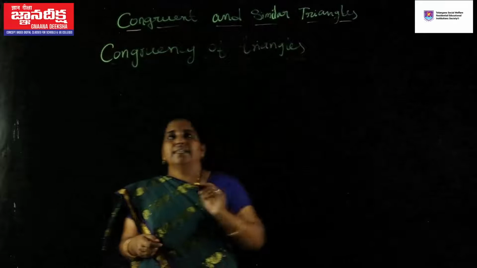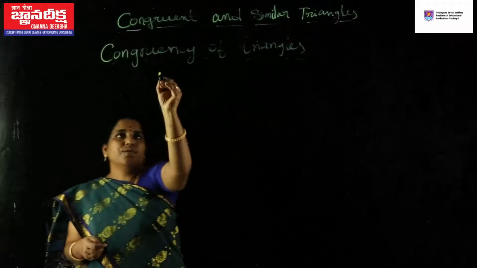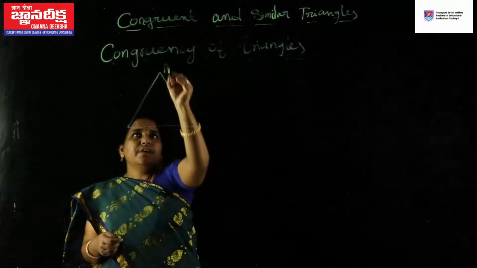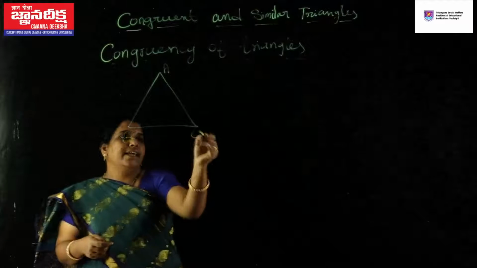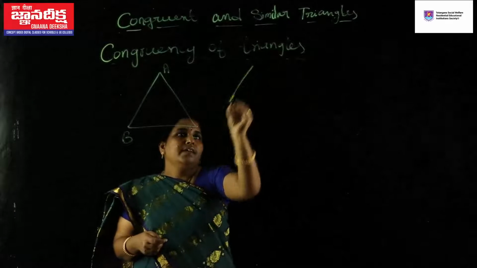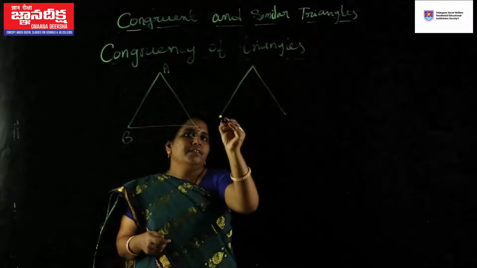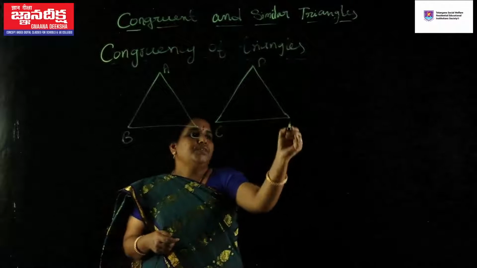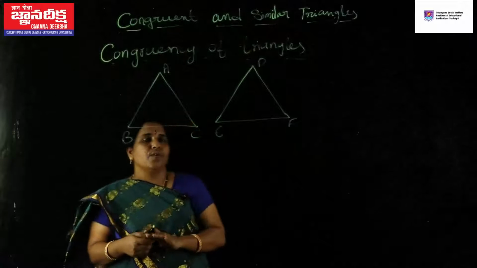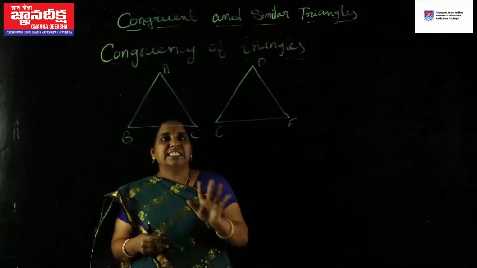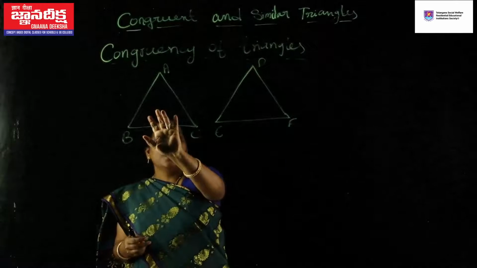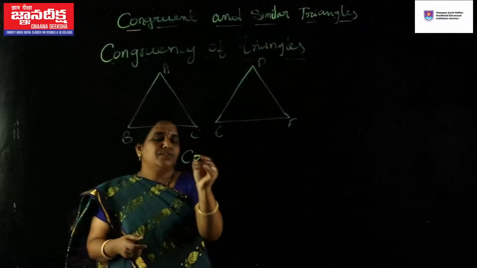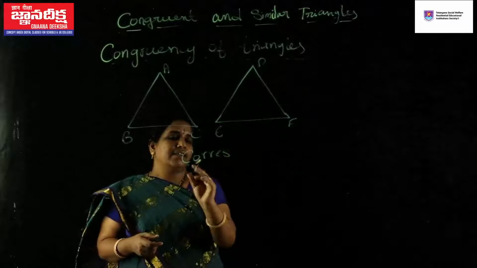Now, two triangles are said to be congruent. Let us consider two triangles first, triangle ABC and one more triangle DEF. These two triangles are said to be congruent when all the 6 elements of the first triangle are congruent to corresponding 6 elements of the second triangle.